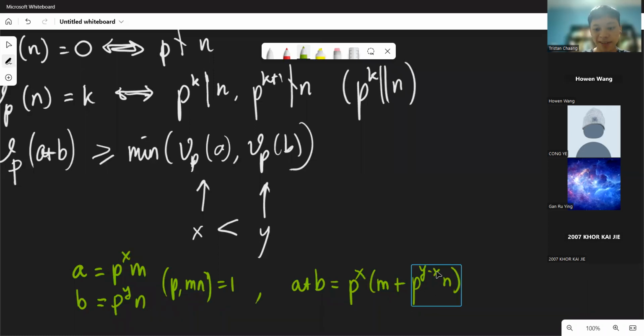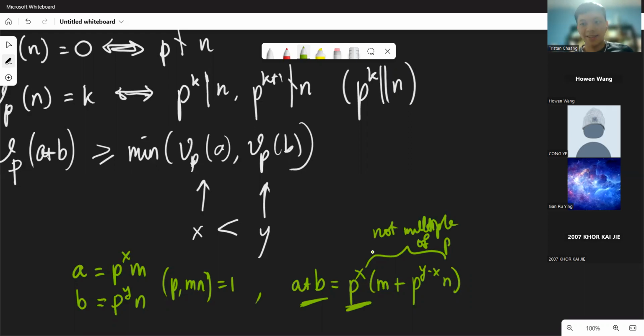So this extra junk over here is m plus a multiple of p. So that thing cannot be a multiple of p, right? So that means the VP of a plus b must be exactly x.